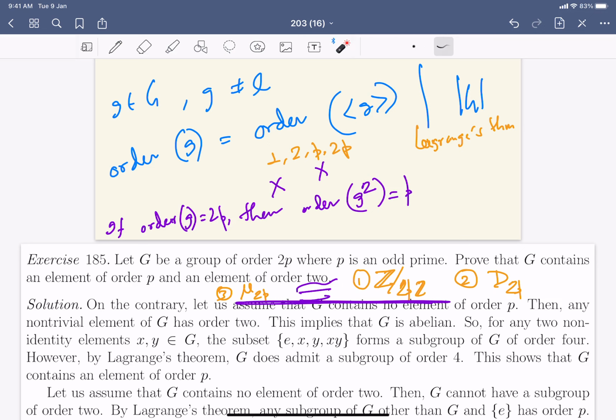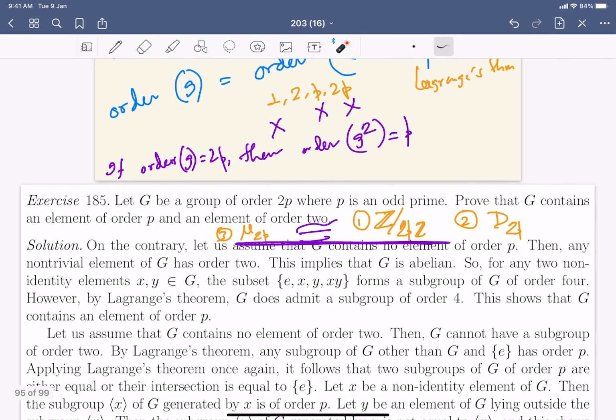But that is not possible, because you have started with the hypothesis that G contains no element of order p. So even this is not a possibility, that little g has order 2p. What we are left with is that the order of little g is equal to 2.